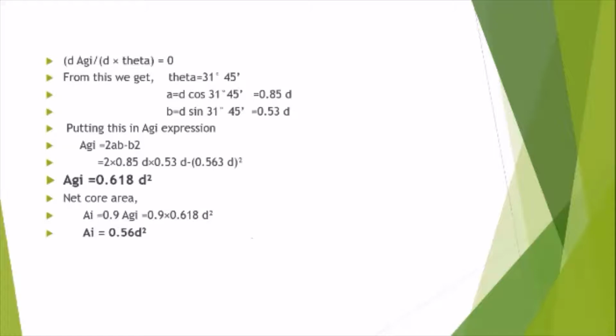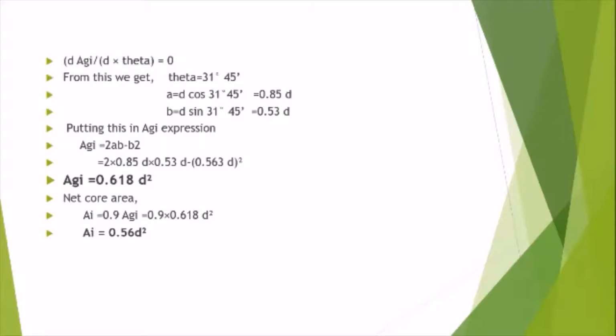31.45 degree. A is equal to d cos 31.45, which is 0.85 d. B is equal to d sin 31.45, which is 0.53 d.